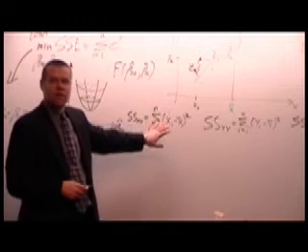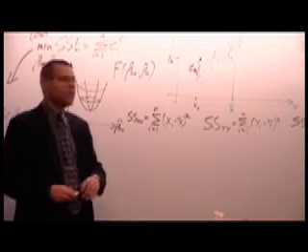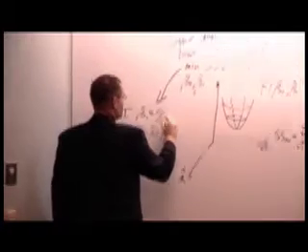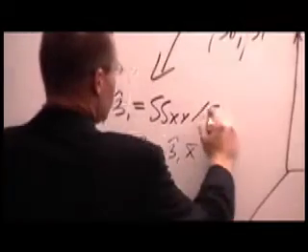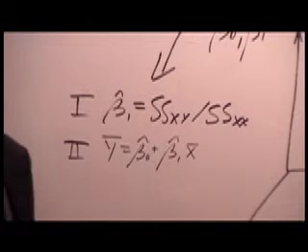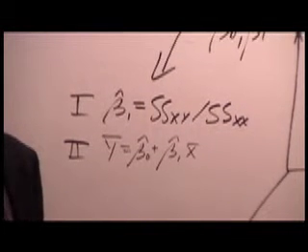I know we've already calculated this once. I'm going to do it again today because the first equation is actually just beta 1 hat, the slope estimate, is the sum of squares xy divided by the sum of squares xx. That I can manage to remember.